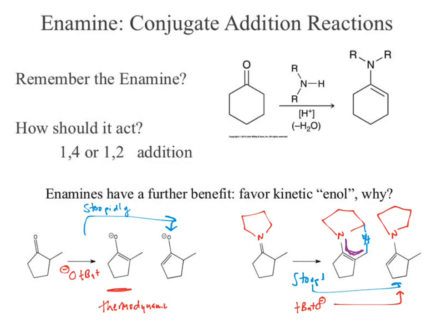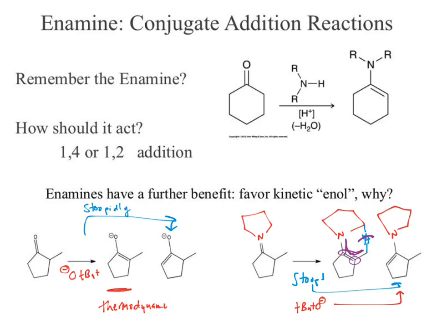No. There's actually a steric repulsion there that causes those two things to move away from each other. If they move away from each other, what happens to the pi overlap in that pi bond? What happens to the pi overlap if that hydrogen goes, get away from me? It breaks the pi overlap. What happens to the pi bond if the pi overlap doesn't exist? It doesn't exist. The thermodynamic doesn't form because there's a steric repulsion that prevents the pi bond from actually forming.